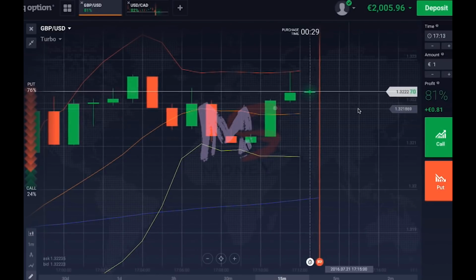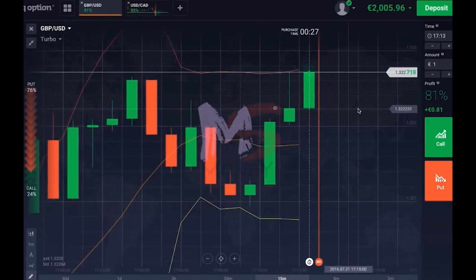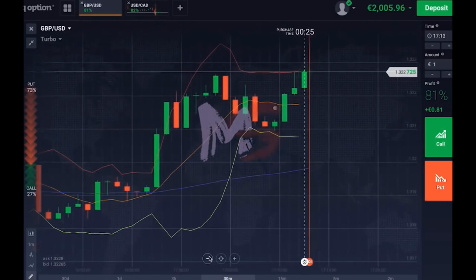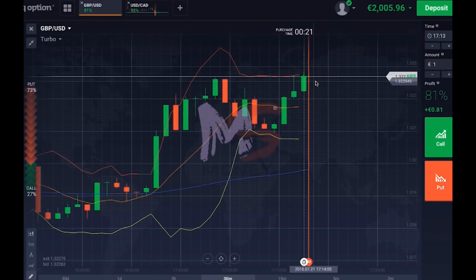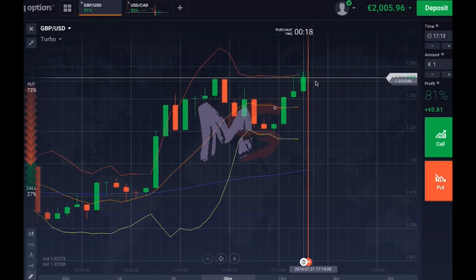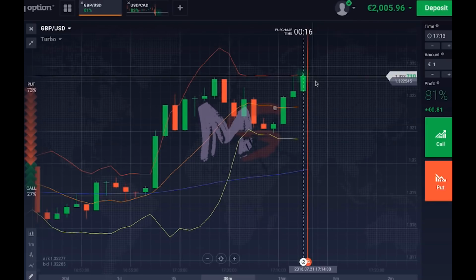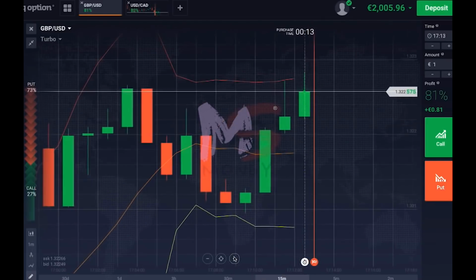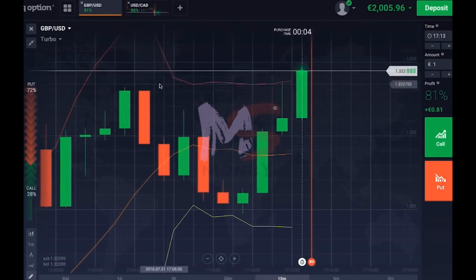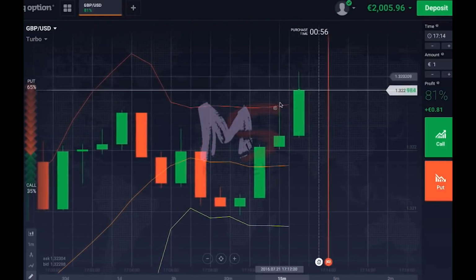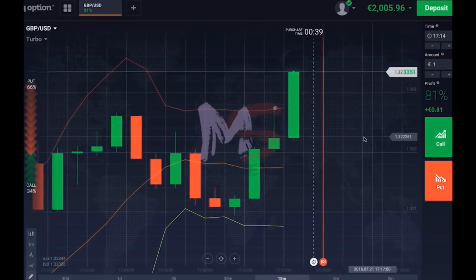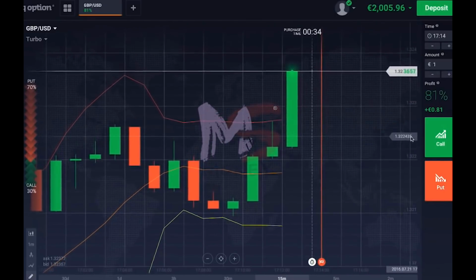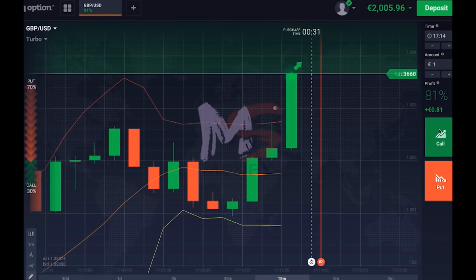On GBP USD asset we have a green candle that is breaking the higher Bollinger Band. In this case we must invest on call, because the moving average is going up. I am ready to invest €1 on call. I invest on call.